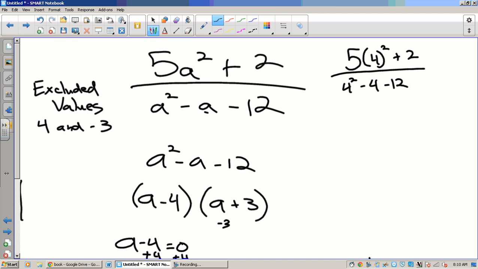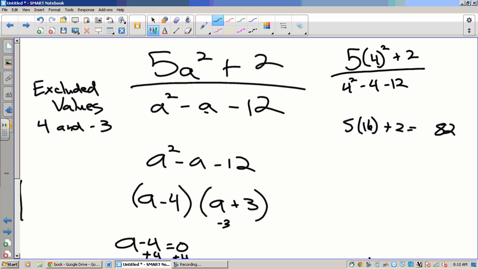Now, we just said that is something that will make this so it's not true. So if I put it back into this original equation, it shouldn't be true. So I've got 5 times 16 plus 2, and I'm just going to leave this like it is. I guess I could do it. 5 times, that's 50, and 30 is 80, so that's 82.